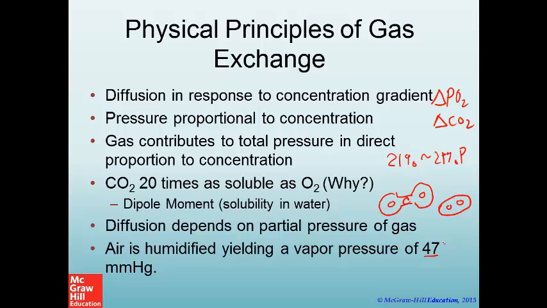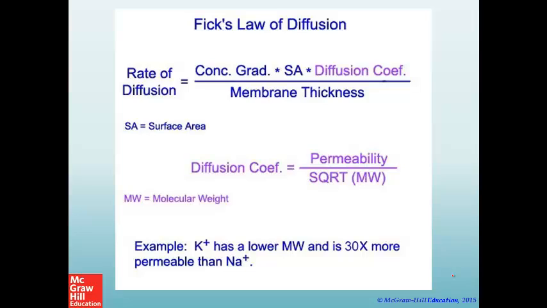So if you look at the PO2 in atmospheric air, it's going to be around 160 millimeters of mercury, whereas the PO2 in the alveolus is going to be closer to 105. Right? Remember, the concentration is proportional to the pressure. So as you add water vapor to the mixture, it's going to decrease the partial pressure of the O2 and the CO2 in the mixture.